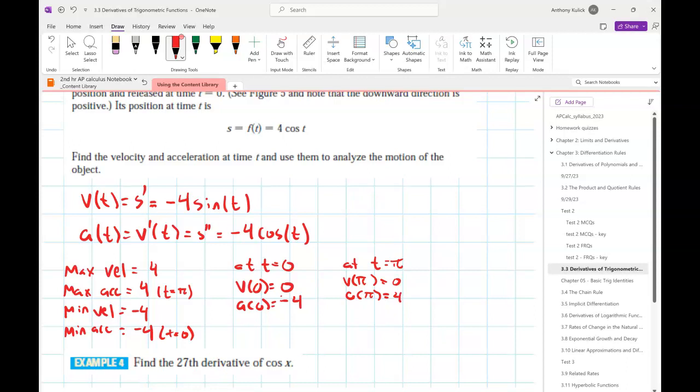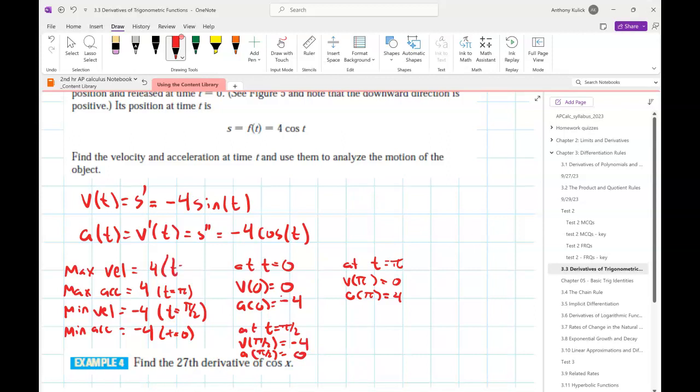Where is velocity going to be at its minimum? Pi over 2, right? Sine of pi over 2 is 1. What's the acceleration there? 0, right? Cosine of pi over 2 is 0.